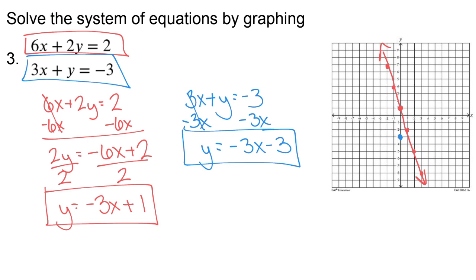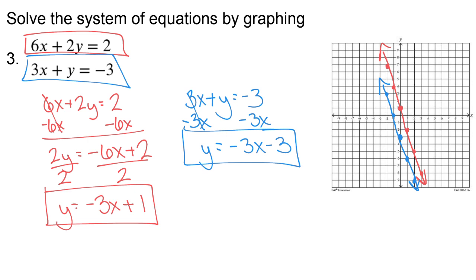So remember, lines that have the same slope mean these guys are going to be parallel. I'm going to go ahead and graph it down 1, 2, 3, and over 1. Or we could go up 3 and over the -1. You're going to notice that these two lines, because they have the same slope, are parallel, which means they are never going to intersect.